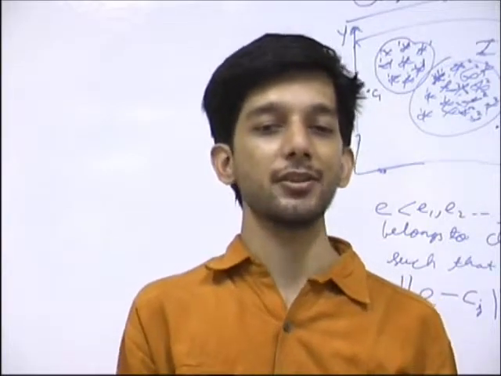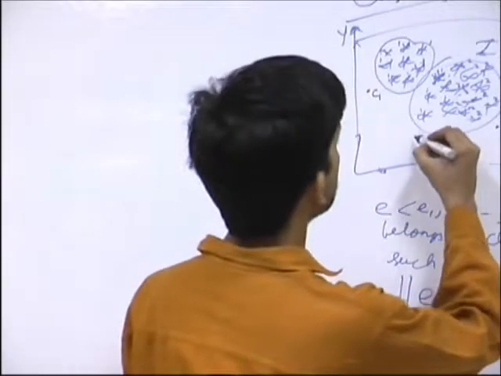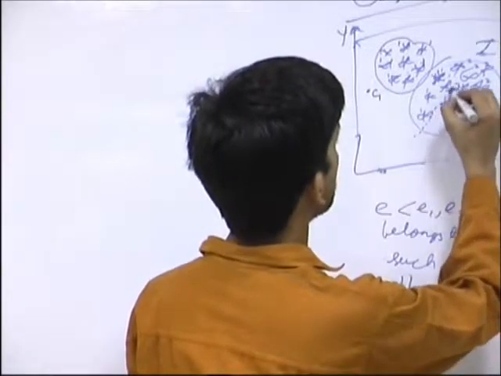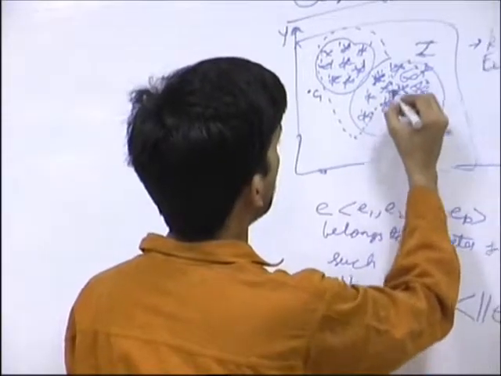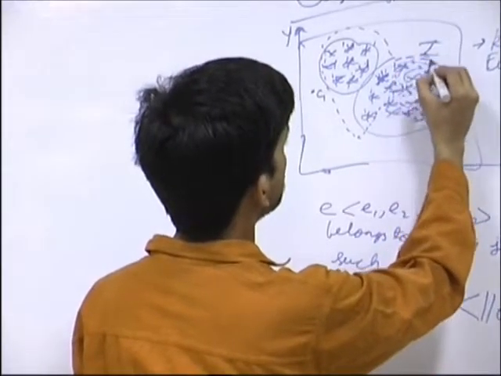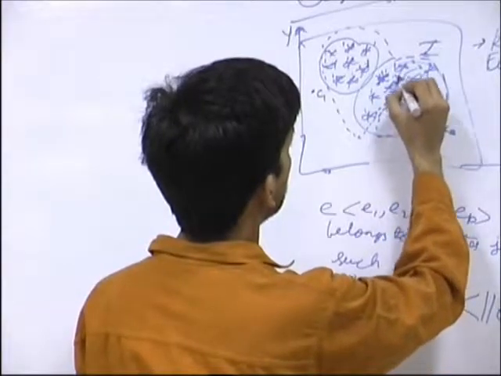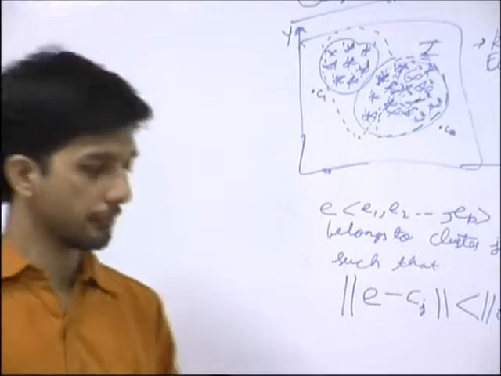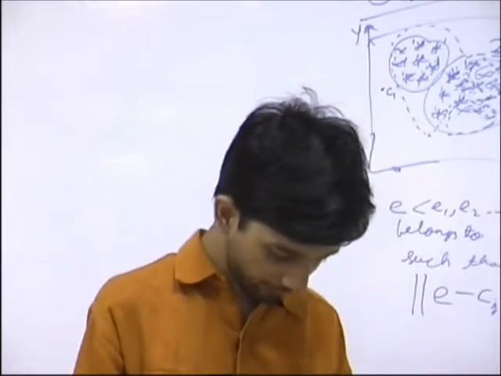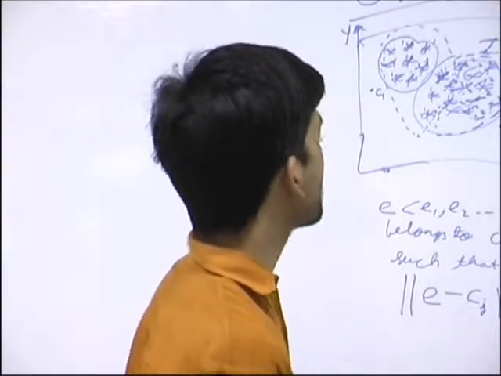So at this stage, my algorithm has tried to form this type of clusters. A cluster over here and the other cluster over here. These are 2 clusters that have been formed initially. Now what do I do in k-means clustering?